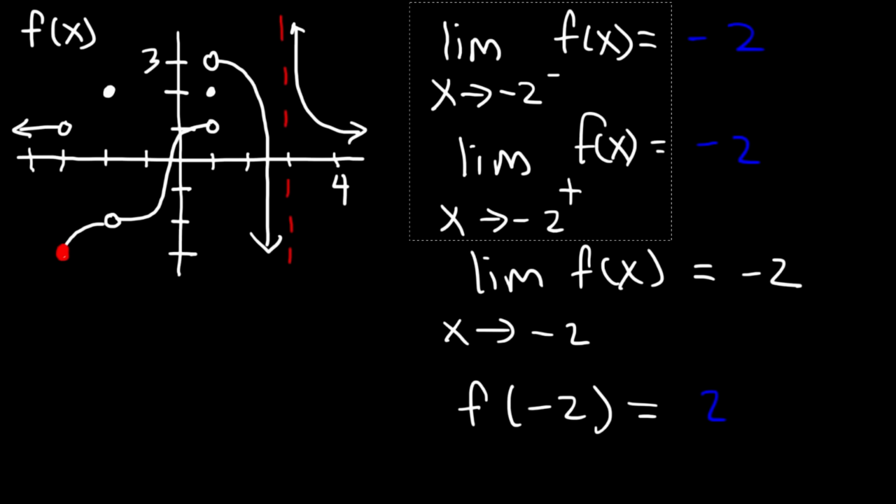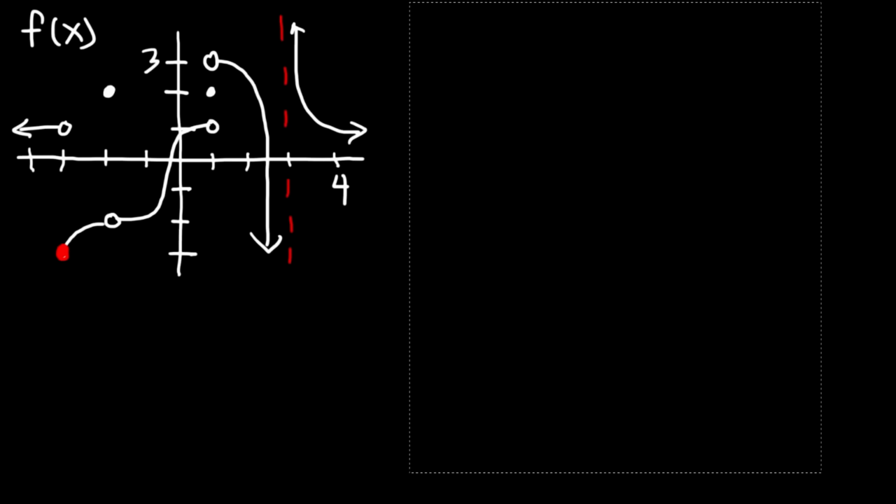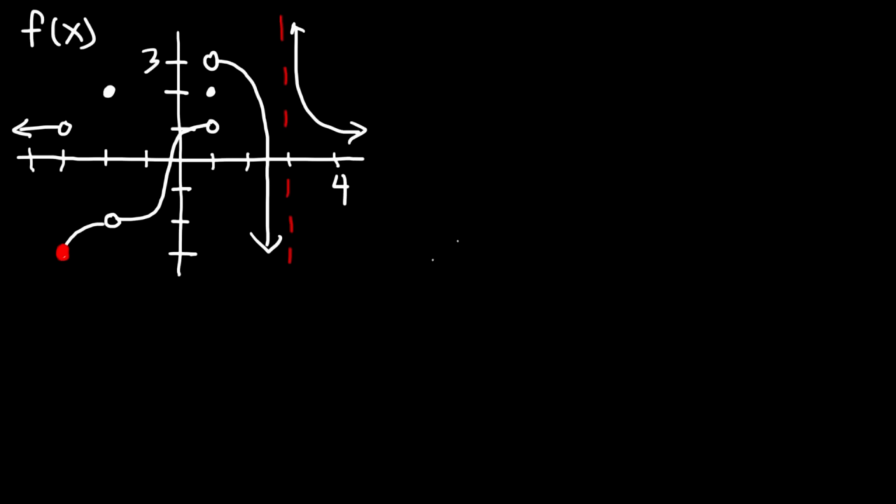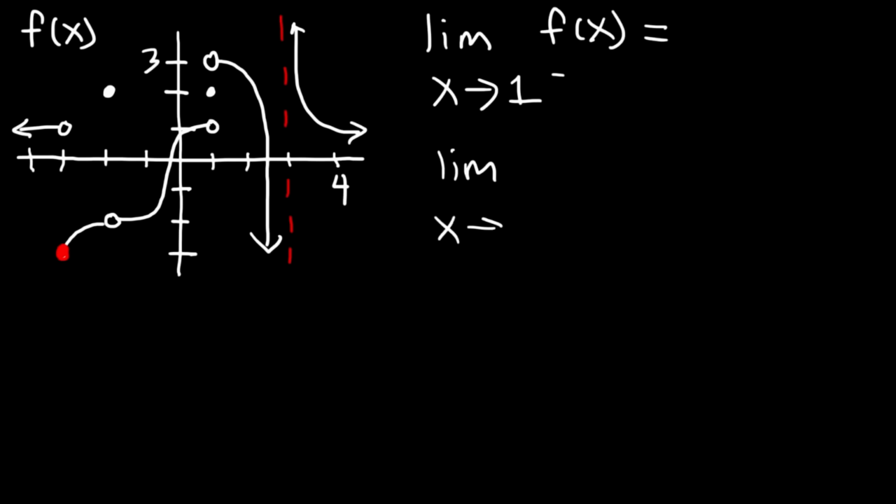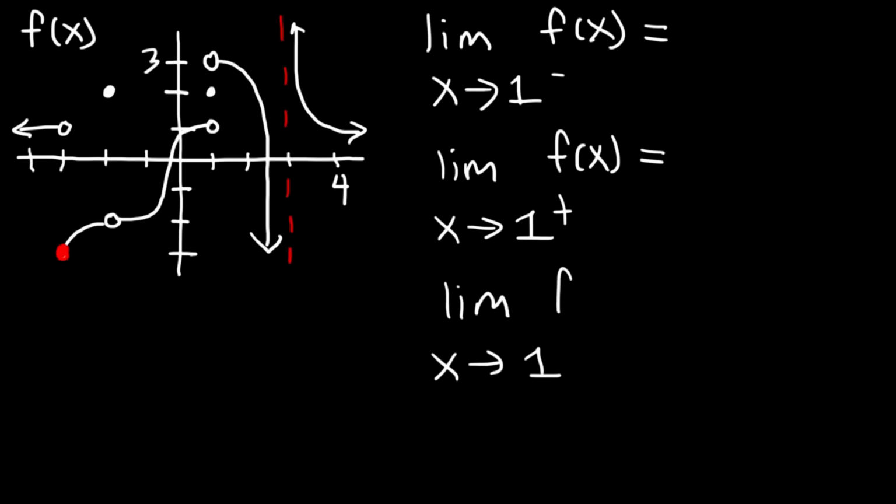As you can see, it's not very difficult to evaluate limits graphically. Now let me give you a new set of problems. Evaluate the limit as x approaches positive 1 from the left side, from the right side, and from either side, and also find the function value when x is 1.